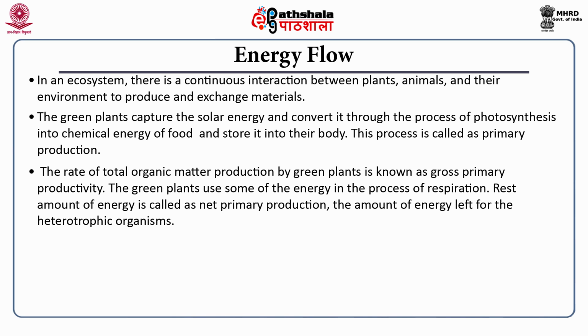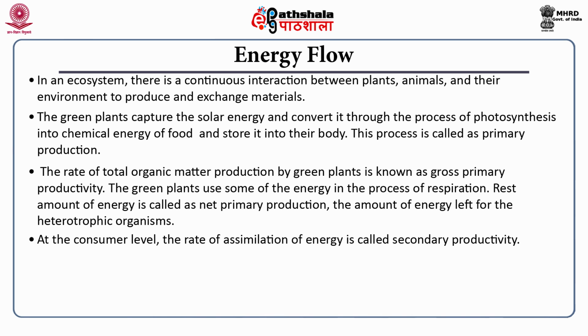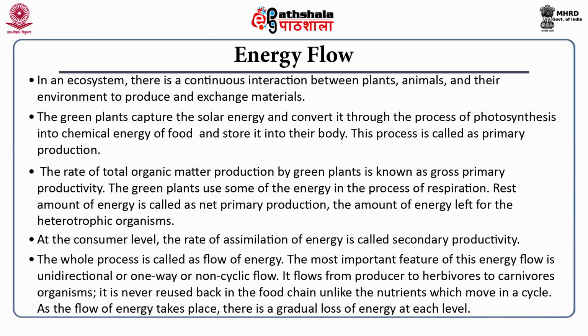The green plants use some of the energy in the process of respiration. The rest of the energy is called net primary production, that is the amount of energy left for the heterotrophic organisms. At the consumer level, the rate of assimilation of energy is called secondary productivity. The whole process is called flow of energy.